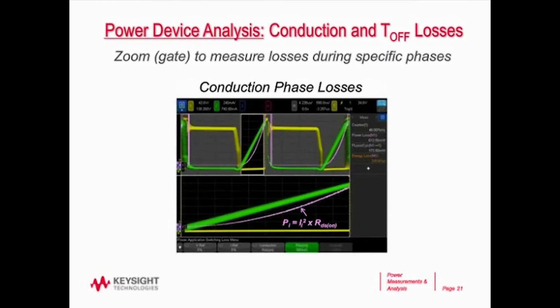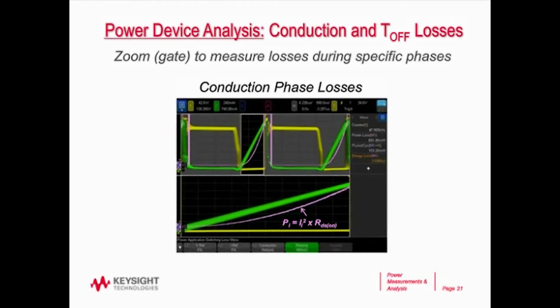Now at this point, you can zoom in, and here I'm going to show how you can measure the losses during each phase. What I've done here is, using the zoom time base, I've zoomed in very accurately into, in this case, the conduction phase. And I've also zoomed in vertically just on the power waveform so that we can see the slope of it.